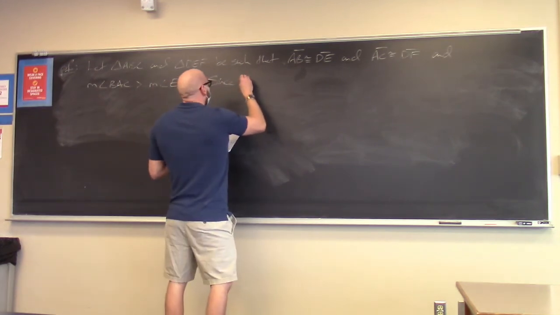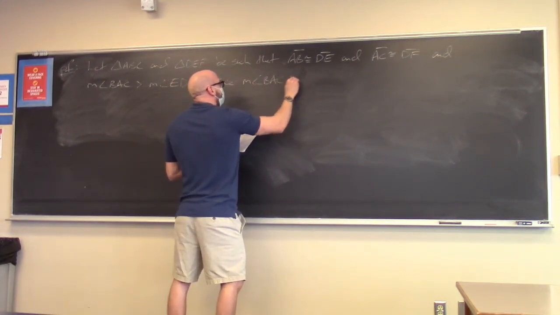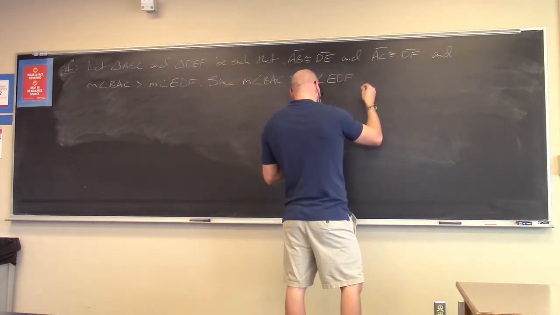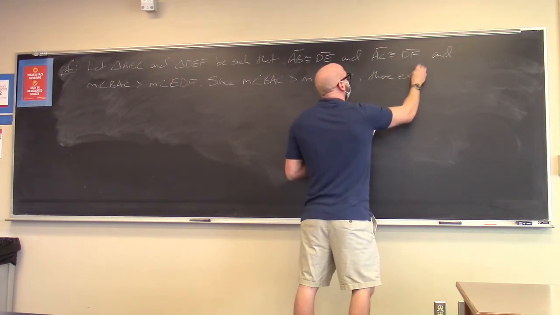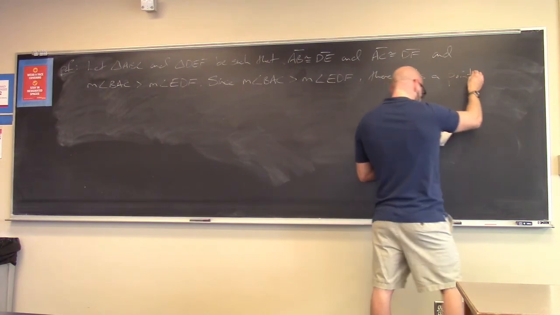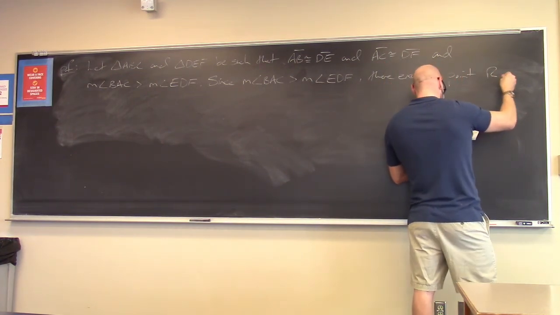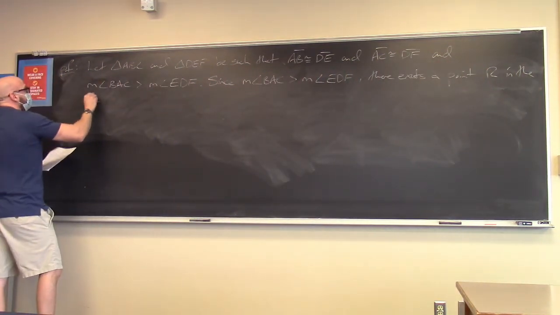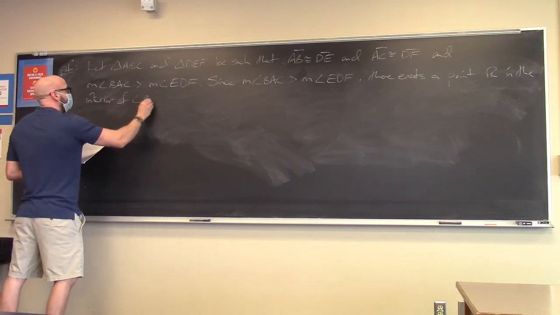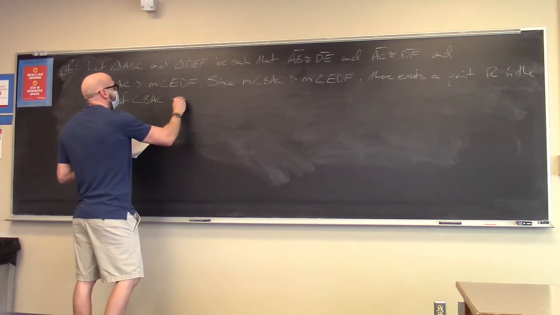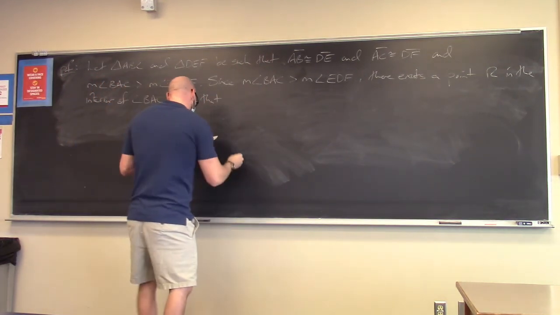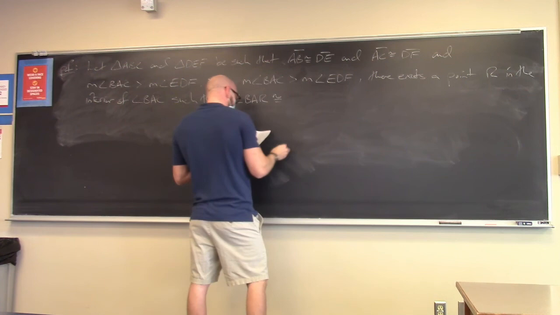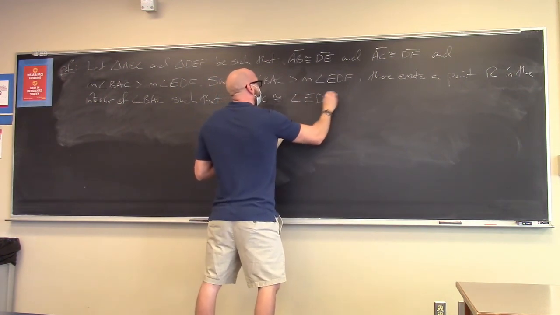So since the measure of angle BAC is greater than the measure of angle EDF, there exists a point that we'll call R in the interior of angle BAC such that angle BAR is congruent, or equal in measure, to angle EDF.